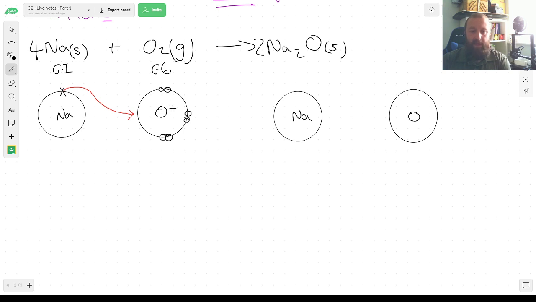Oxygen needs to gain 2, but sodium can only get rid of 1. So the easiest option is to put another sodium in. Okay, and that then should start looking a little bit like the formula that I've got up here.